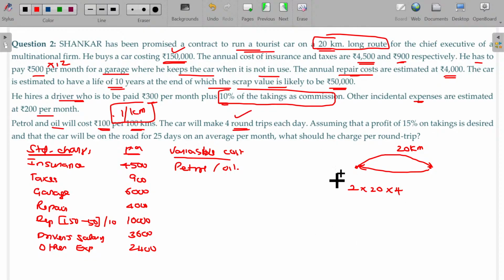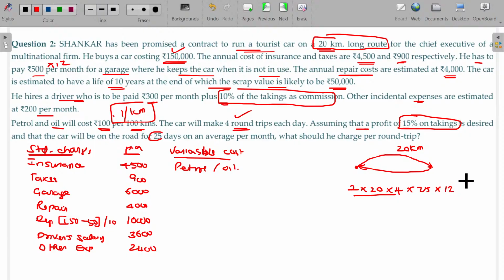How many round trips have they made in a day? 4 round trips. Assuming a profit of 15% on takings, and that the car will be on road for 25 days on an average per month. So this is for a day, for a month, and for a year, into 12 months.